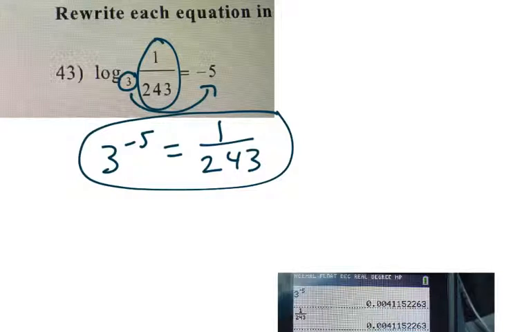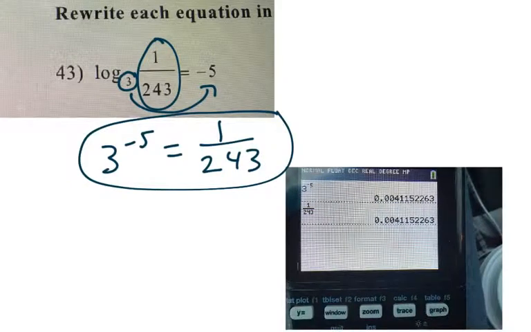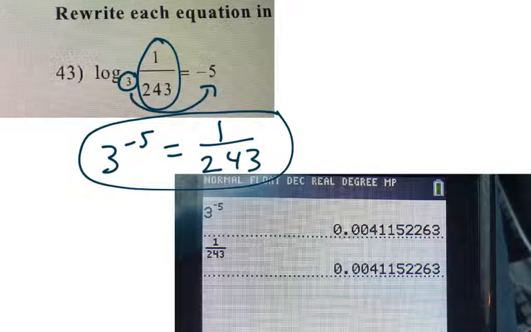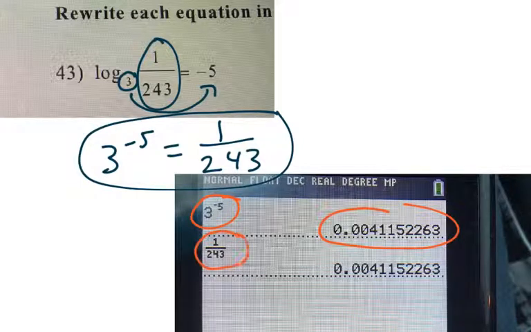And as you can see down here, guys, on the bottom left, I wanted to make sure you understood if we actually plugged in the values in the calculator, 3 to the negative 5 is 0.004 and some change. And notice 1 over 243 is exactly the same number. So this equation is valid, is it not?